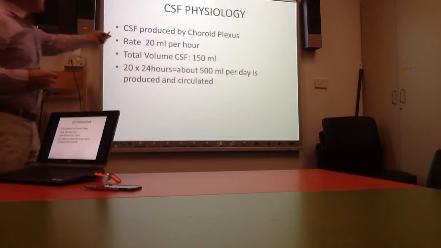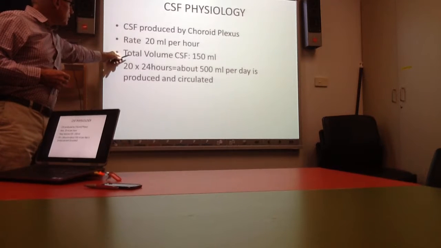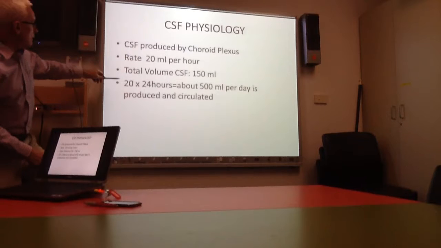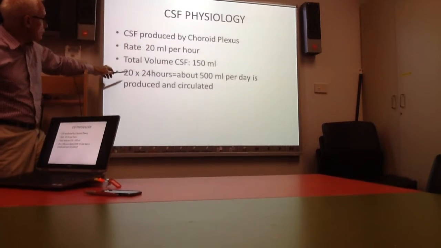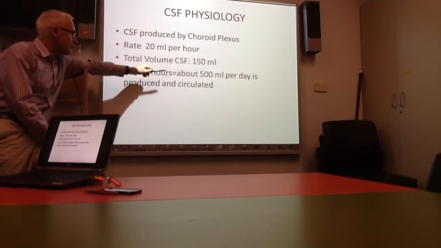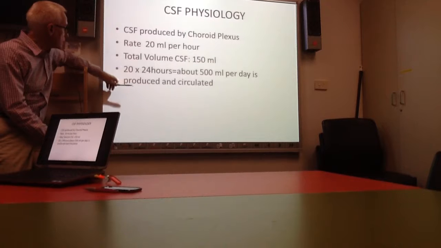So the CSF is produced by the choroid plexus at a rate of 20 mils per hour. The total volume at any one time is 150 mils. So 20 mils per hour over 24 hours, so we're getting about 500 mils per day manufactured. So you've got to process that 500 mils.